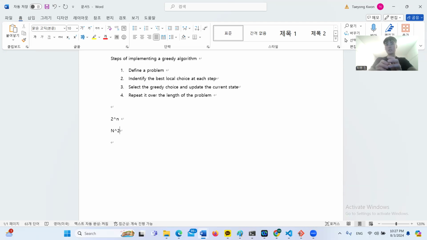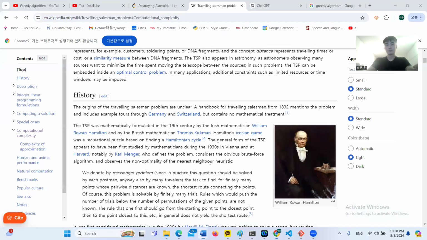Although it's not going to give the absolutely correct solution, the accuracy will deviate by 10 to 20%. But still it's a big improvement in time complexity. So that's why greedy algorithms are explored commonly.